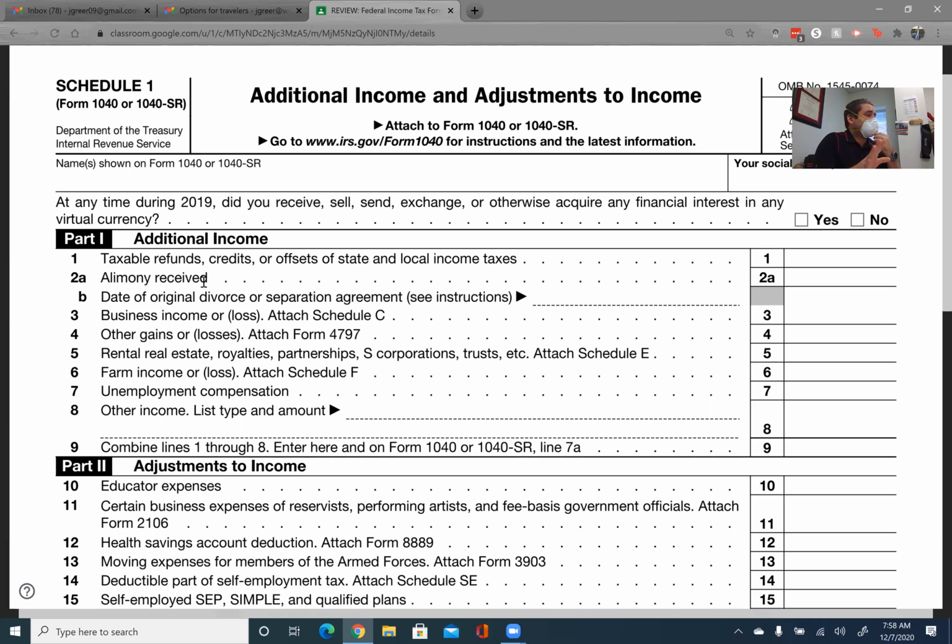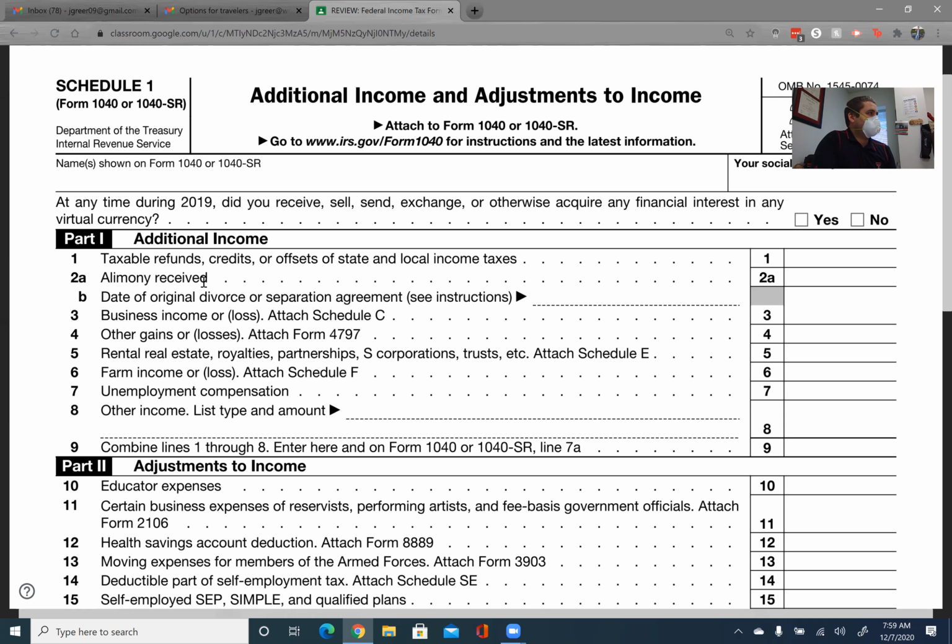Now, from a tax standpoint, would it be fair if the spouse who has to pay alimony is taxed on that alimony income? Who should pay the tax for that alimony? Is it the person who is paying the alimony or the person who's receiving the alimony?